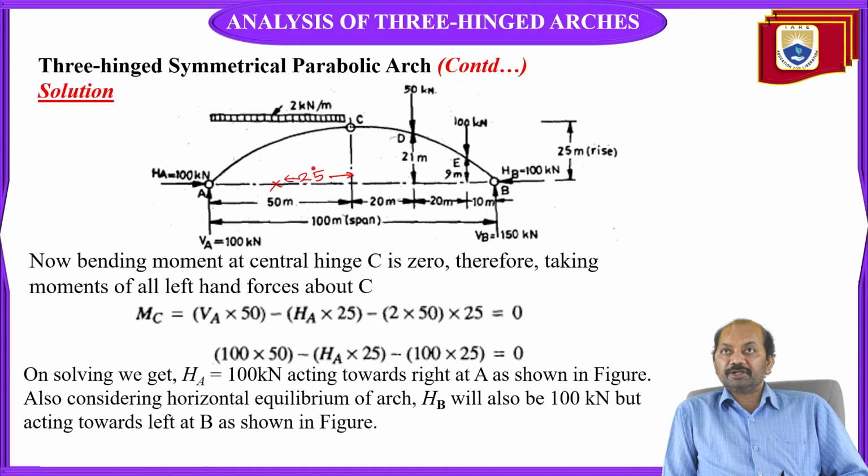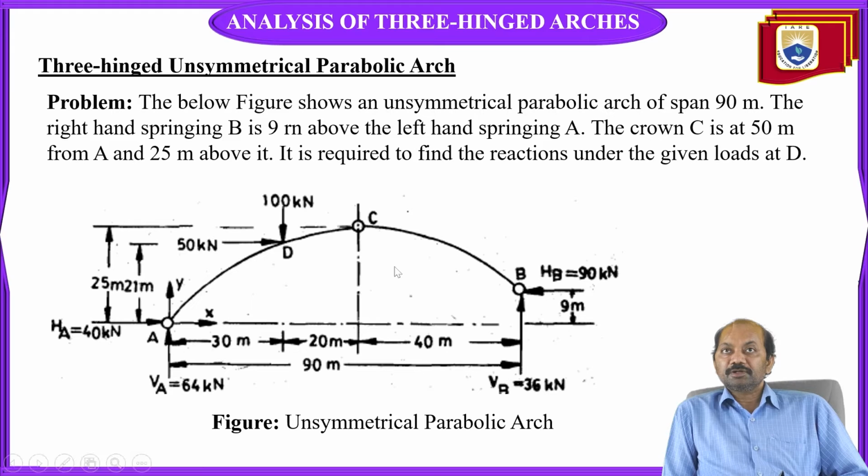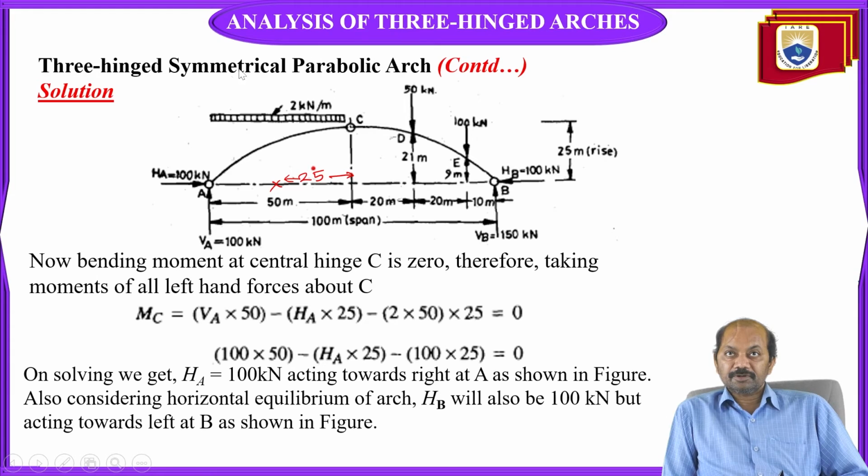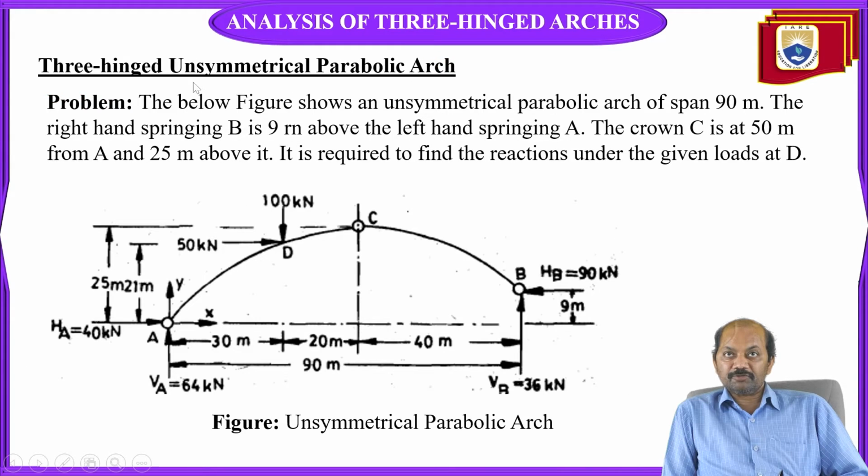Now let us see another example. Here, the only change is an unsymmetrical parabolic arch. In the previous case it was a symmetrical arch. Now we'll solve one problem in the case of unsymmetrical arch.